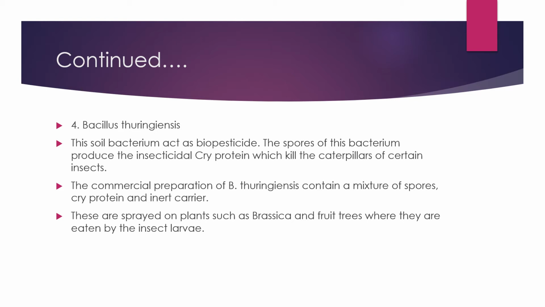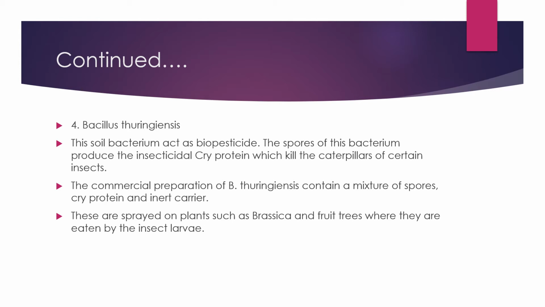Now what does cry mean? Cry means crystal. The spores produce the cry protein, and this protein kills the caterpillars of certain insects. The commercial preparation of Bacillus thuringiensis contains a mixture of spores, cry protein and inert carriers.